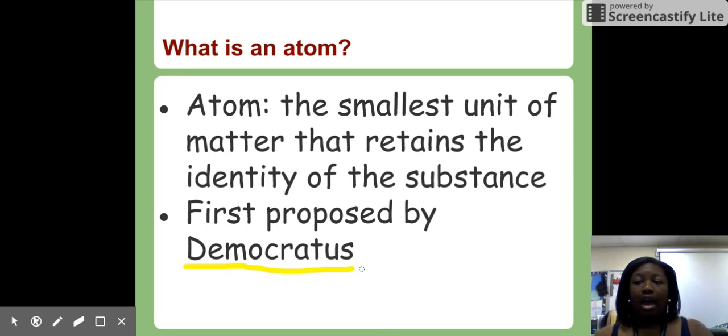This pen has atoms, and so do a pair of scissors or even staples. They are all made up of different atoms, and they could be the same exact atoms, but they are very different formations, but they're all made up of atoms. So this is what we consider the smallest unit of matter.